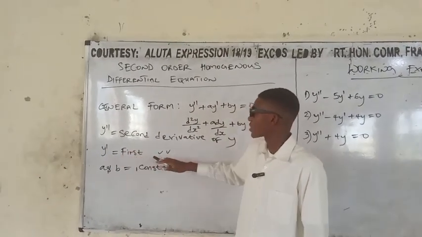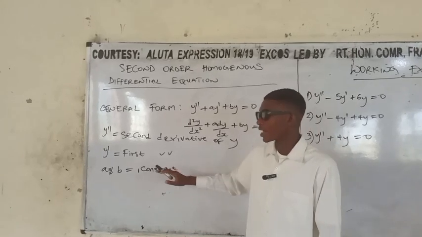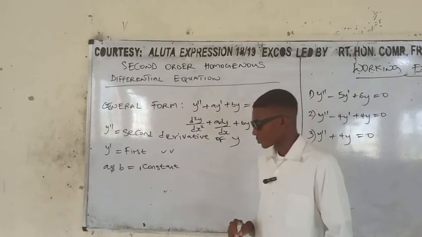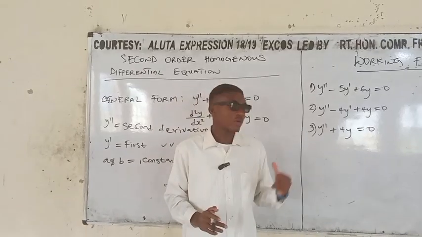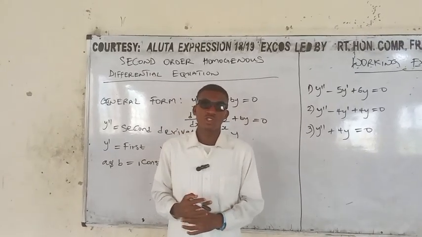Your y' is the first derivative of y, and your a and b are constants. Now, let me show you the three cases you need to know in order to solve a second order homogeneous differential equation.